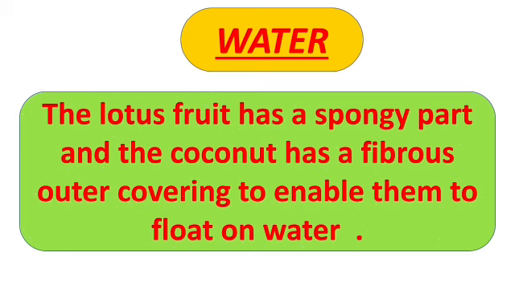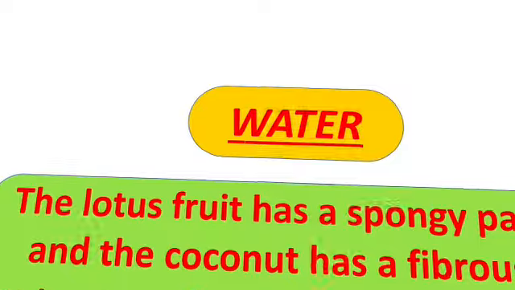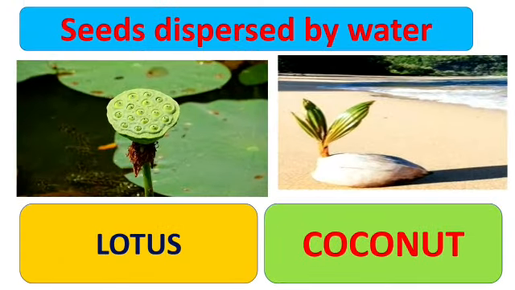So next is water. Many plants have seeds that use water as a means of dispersal, like the lotus fruit has a spongy part and the coconut has a fibrous outer covering to enable them to float on water. Now see the image of a fruit of a lotus.